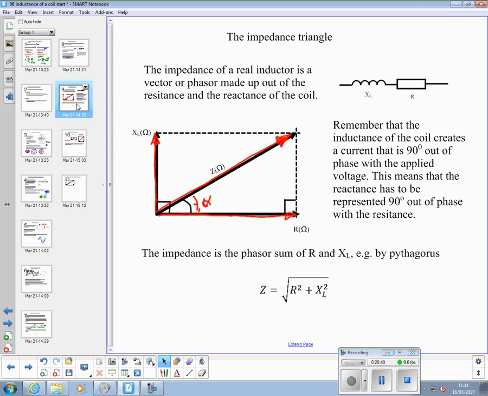Again, that's later on, but we will come back to that. But we can find the impedance of this phasor through Pythagoras' theorem. So the square on the hypotenuse is equal to the sum of the squares on the other two sides. So that's that formula there. Pythagoras' theorem, you should all be familiar with that, yeah?